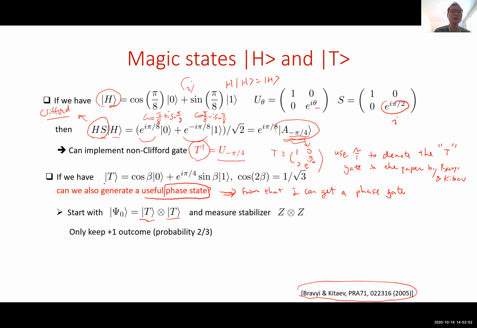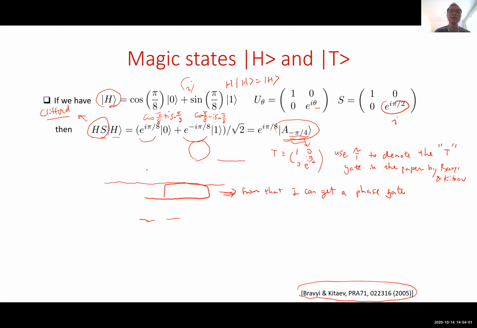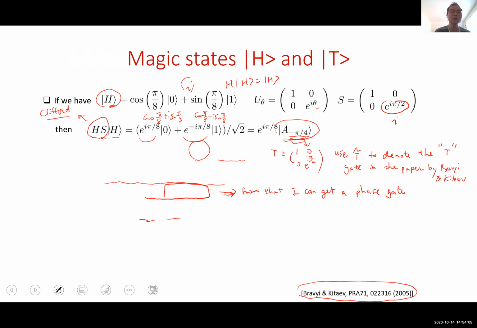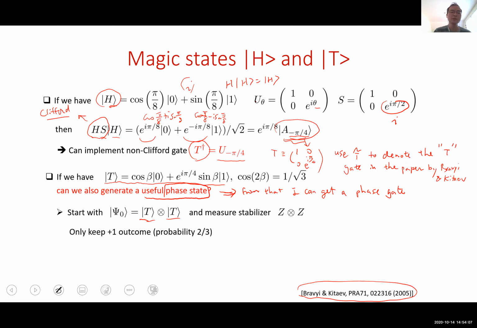But suppose we have this T state. It's not quite the phase state that I defined earlier, because I defined it so that it has the same weight except the phase. So can I get from this state some useful phase state? Okay, so that was the question.